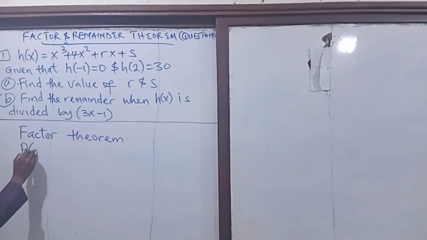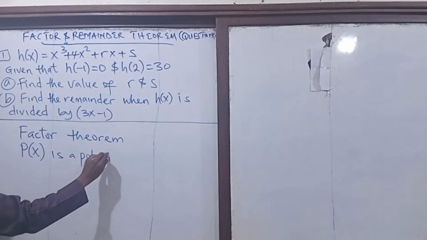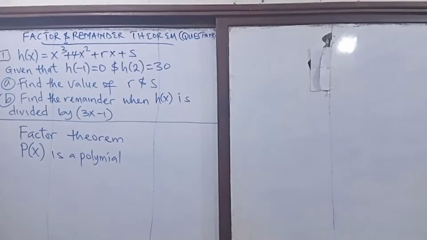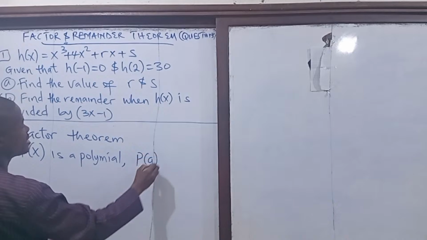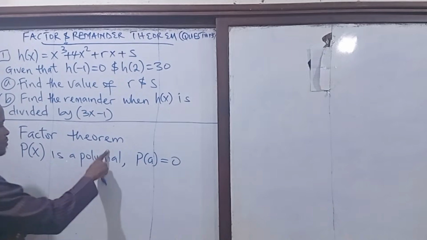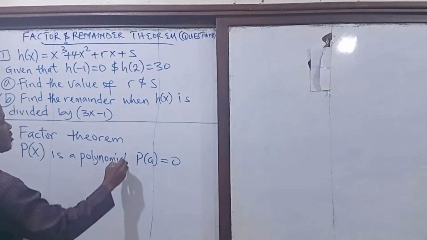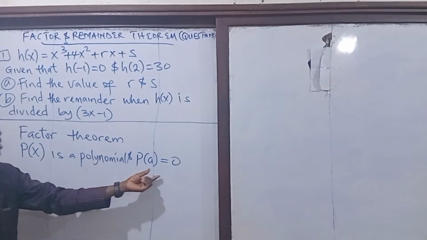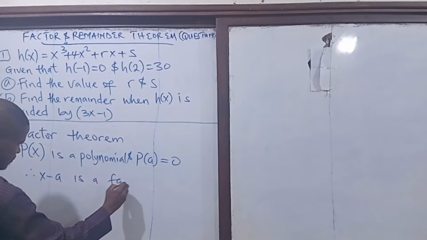What we have is a polynomial. If p is a polynomial, and we have p of a equal to 0, then therefore x minus a is a factor.